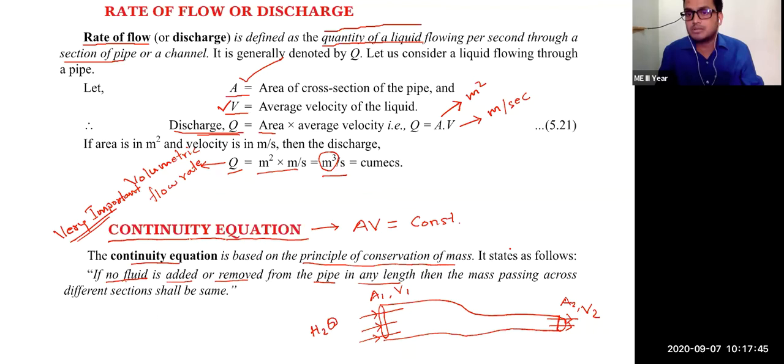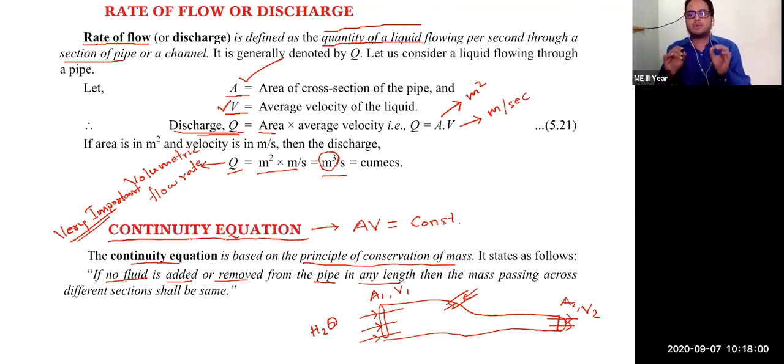When will there be a chance of addition or removal of water? If there is any separate pipe connection or separate channel connection for inlet, or for outlet, then there will be some addition or removal of water from here.